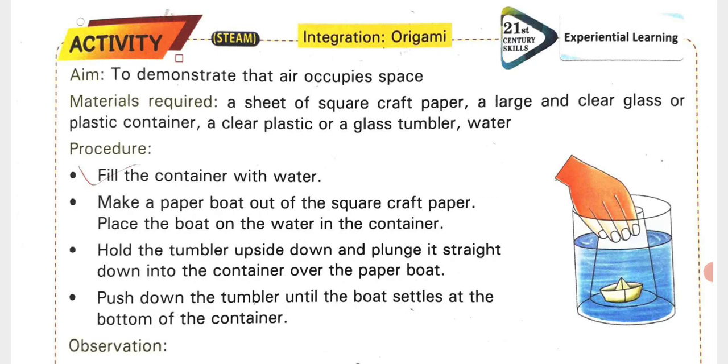Water is there. Fill the container with water. Make a paper boat of the square craft paper. Place the boat on water in the container. Hold the tumbler upside down and plunge it straight down into the container over the paper boat. Push down the tumbler until the boat settles at the bottom of the container.